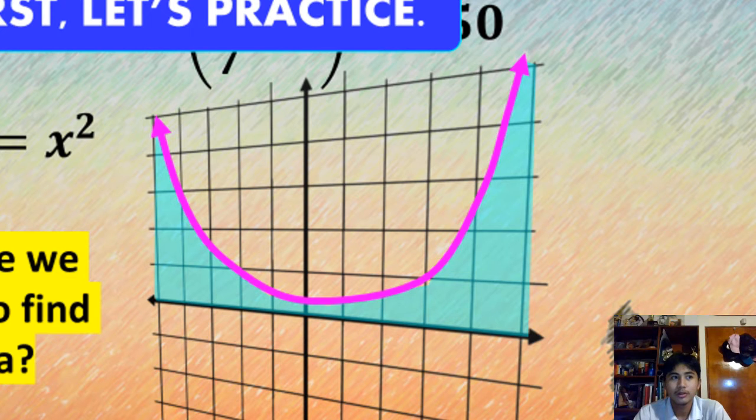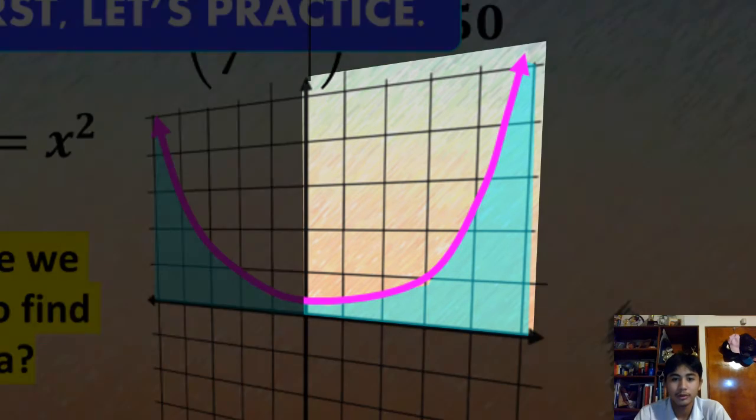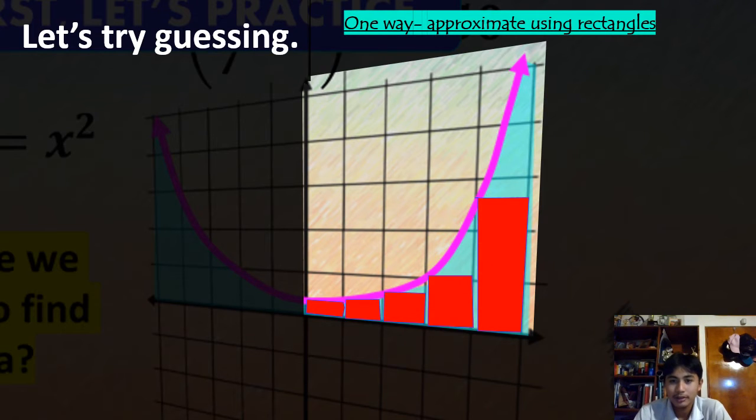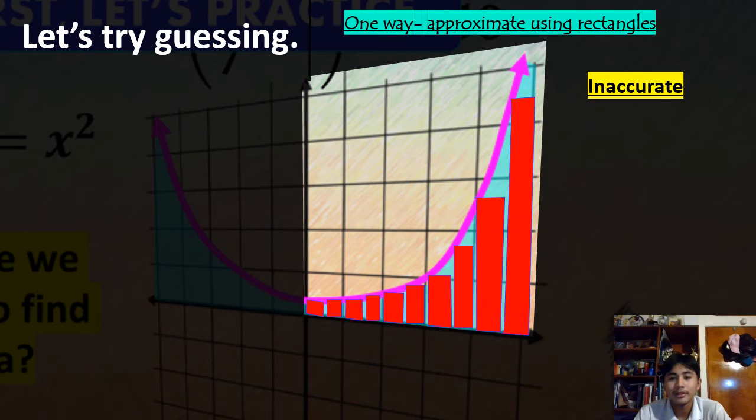There's no magic formula like for a square or a circle or a rectangle, so we're going to have to try guessing. Let's just give it a shot. One way is to approximate using rectangles, right? Like this. It's not very accurate, but the thinner you make the rectangles, the more accurate you get.